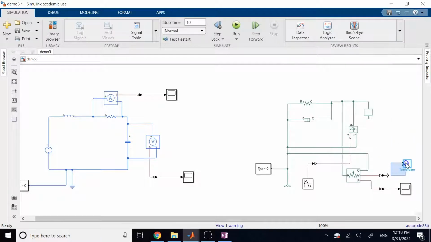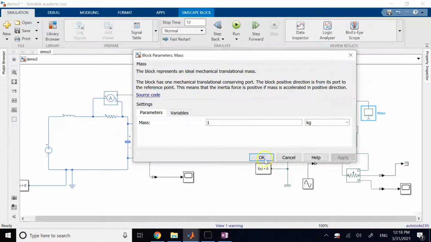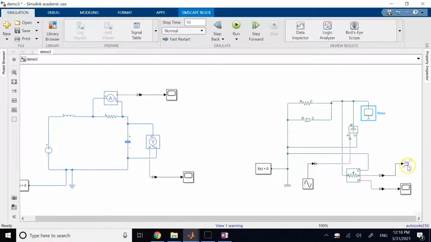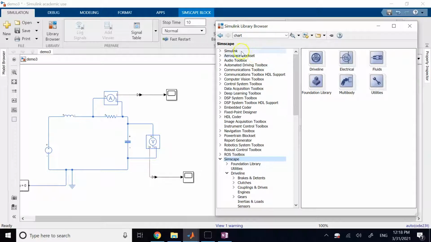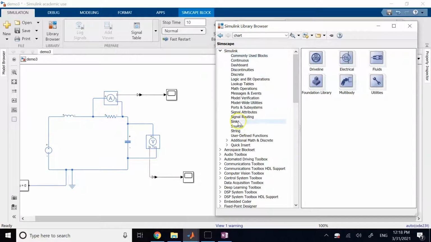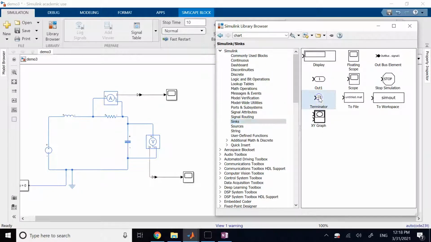Now the question is, where do we get any of these blocks and how do we simulate the system? Okay. So the terminator is easy, it's under Simulink. So if you go to Simulink and go all the way up, it is under sinks. You can find the terminator here.